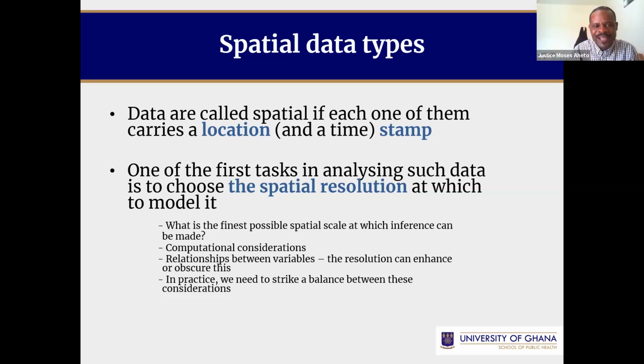The more localized you want your predictions to be, the smaller the resolution in terms of the number. So the 1 kilometer by 1 kilometer resolution is expected to be more localized, that is, smaller, compared to that of 5 kilometer resolution.